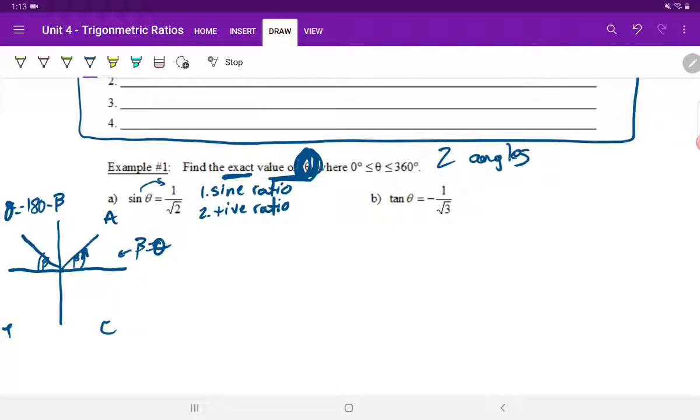So you go 180, touch the negative x-axis, and then go back whatever angle beta is. Okay, so we've drawn a diagram. We know we're in these two quadrants. Let's now go ahead and find what beta is. And in order to find beta, what you do is you do exactly what you thought. So let's actually write find beta.